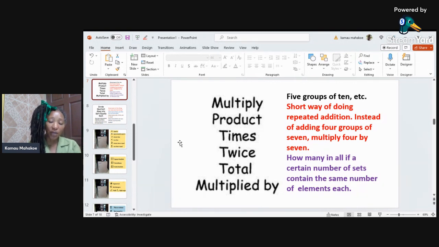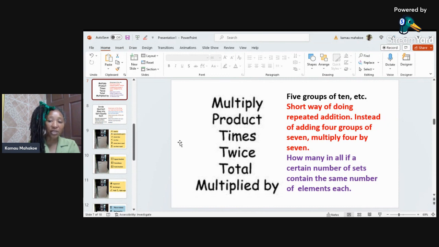So usually with multiplication, it's a short way of doing repeated addition. So instead of adding 4 groups of 7, you keep adding 7 each time, or you keep adding 4 7 times. You just multiply the 4 by 7.